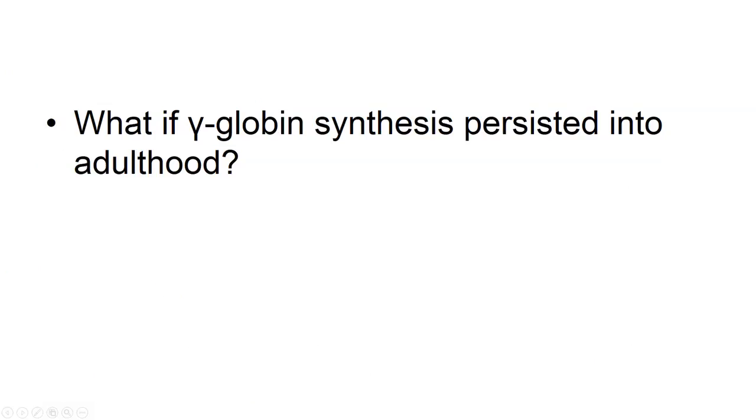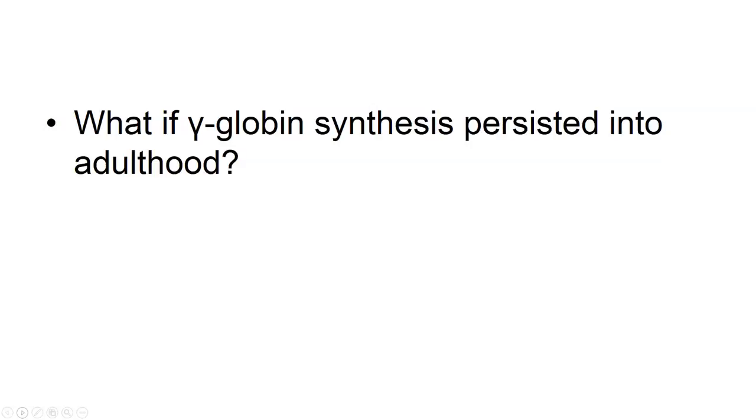Here's a good question for you. What if the gamma globin synthesis persisted into adulthood? Well, if it persisted into adulthood, then you would have fetal hemoglobin around all the time, right? Now, fetal hemoglobin still works.